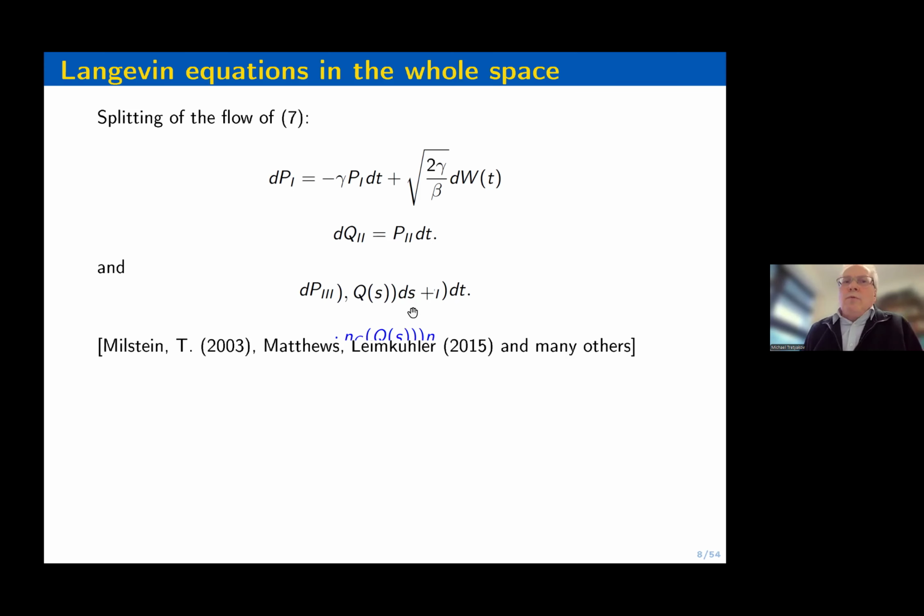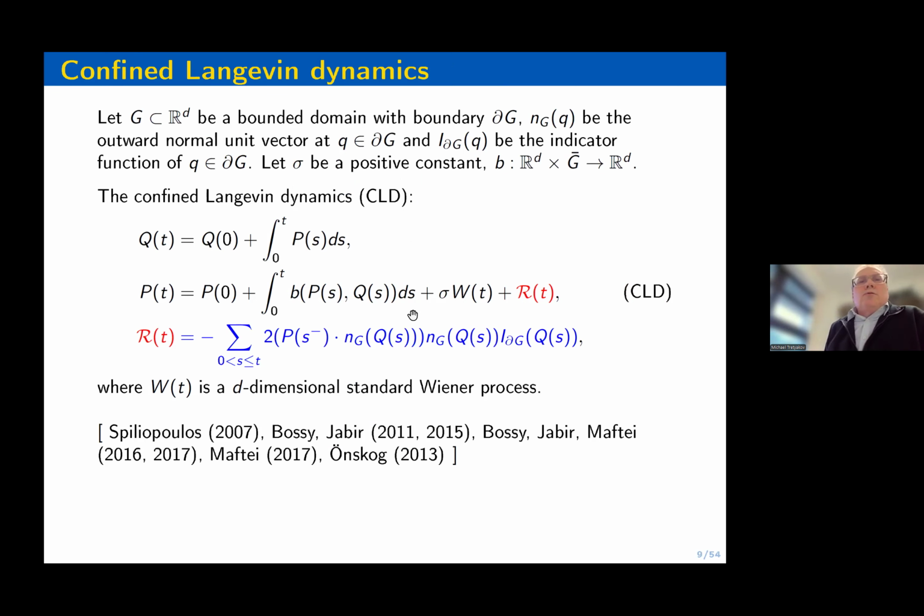What we will be talking about for the remaining part of the presentation is confined Langevin dynamics. I'm writing here a little bit more general form of the Langevin dynamics, with this coefficient B depending on P and Q, but we will come to a simpler form in a couple of slides. If I don't have this red term, then this is just Langevin-type dynamics living in the whole Euclidean space.